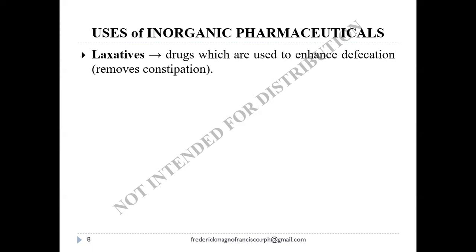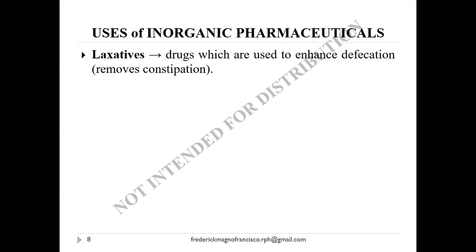Laxatives. These are drugs which are used to enhance defecation, thus removing constipation. Constipation happens most often due to changes in diet or routine, or due to inadequate intake of fiber.